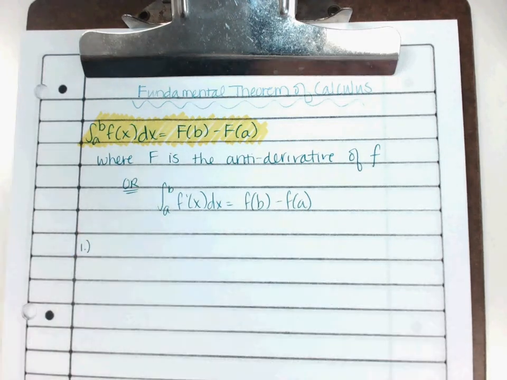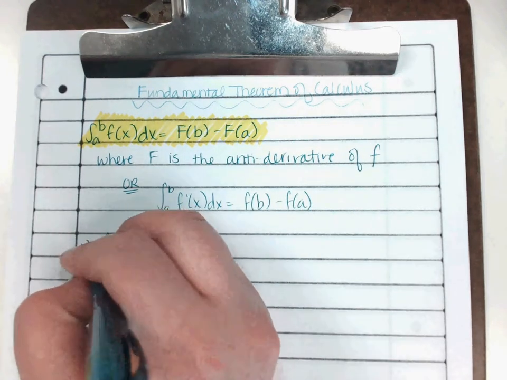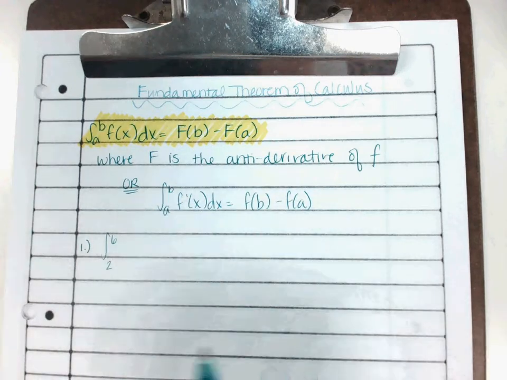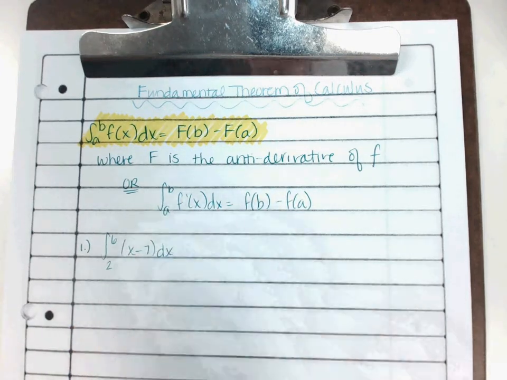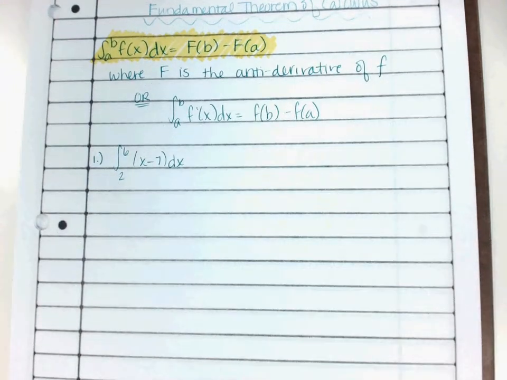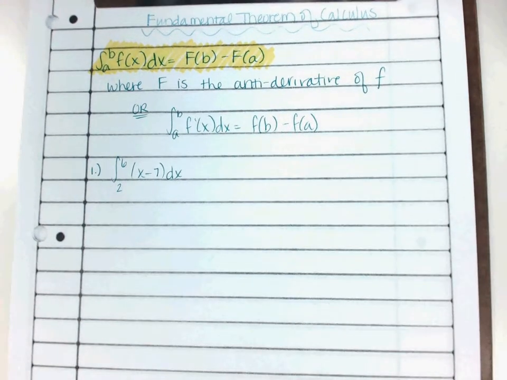You are going to take the integral from 2 to 6 of x minus 7 dx. Okay, fundamental theorem of calculus. The first thing that you do is you take the antiderivative of the function. So if my function's x minus 7, not a derivative, an antiderivative.